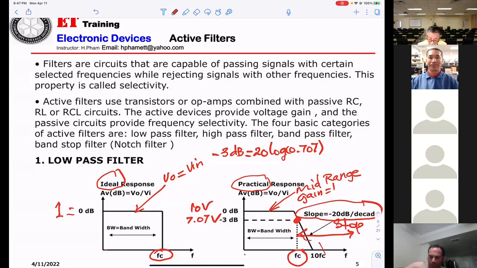So if I say FC is 1 kilohertz, for example, 1K, then 10 times the cutoff will be 10 times FC.